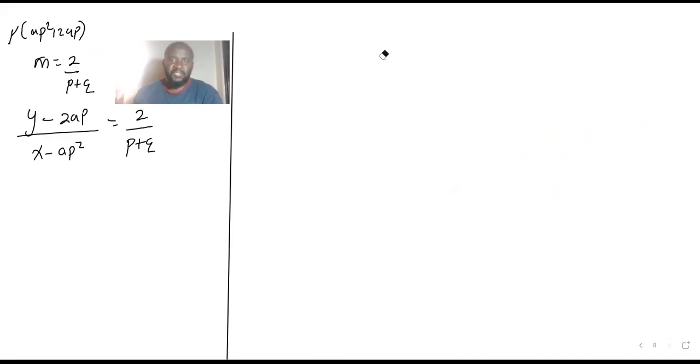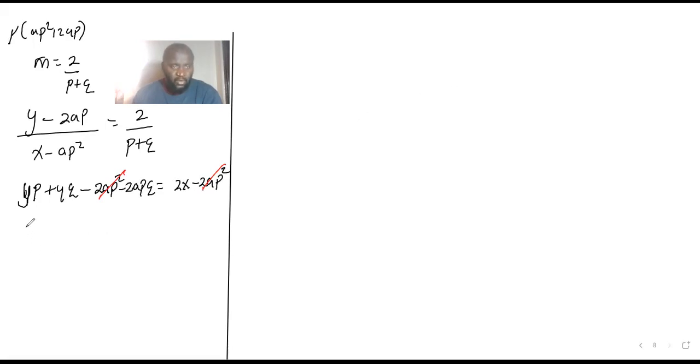Okay, guys, so we can proceed with this algebra. We shall have yp plus yq minus 2ap squared minus 2apq is equal to 2x minus 2ap squared. The 2ap squared is on both sides. We can vamoosh it by subtraction. Finally, what do we have?